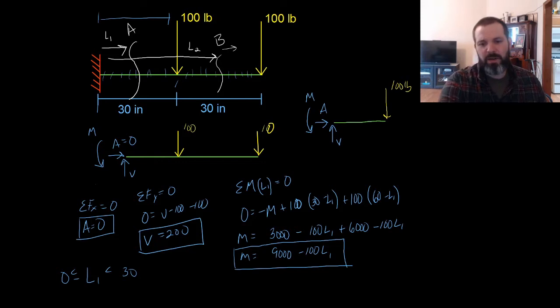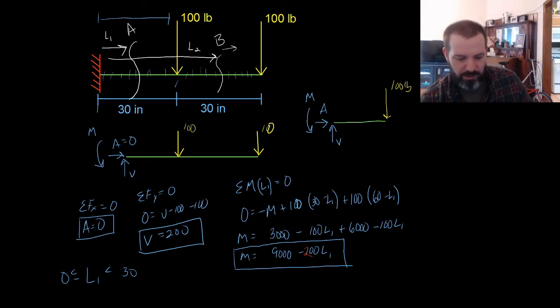It is actually not minus 100L. Minus 100 plus minus 100 is minus 200L. So it is 9,000 minus 200L.